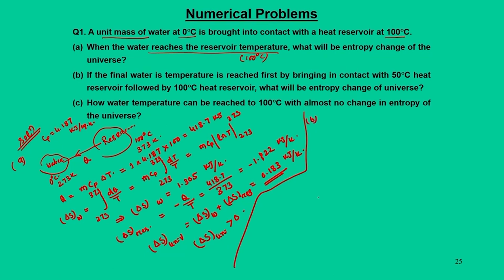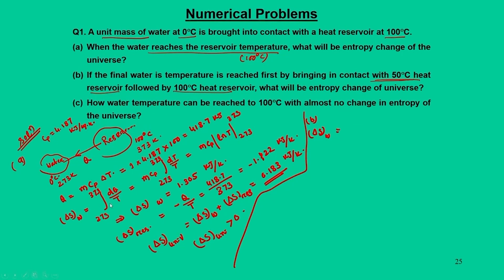So, in the second part, what happens is that heating takes place in two stages, first with a 50 degree centigrade heat reservoir and second with a 100 degree centigrade heat reservoir. So, these two stages of heating will change the entropy of the water. How?